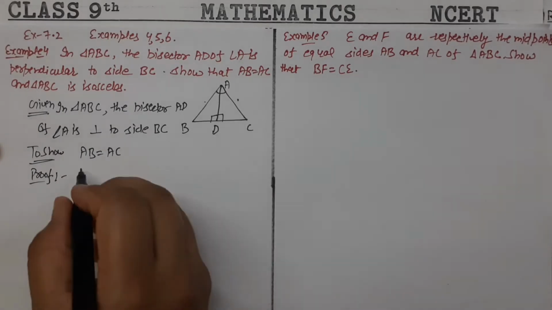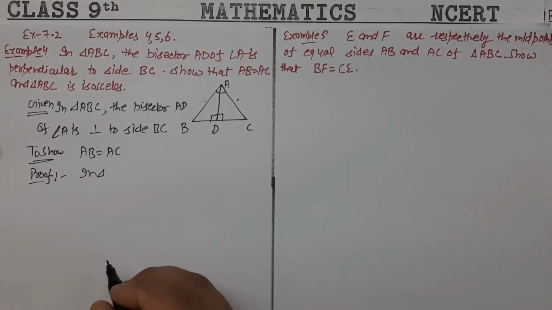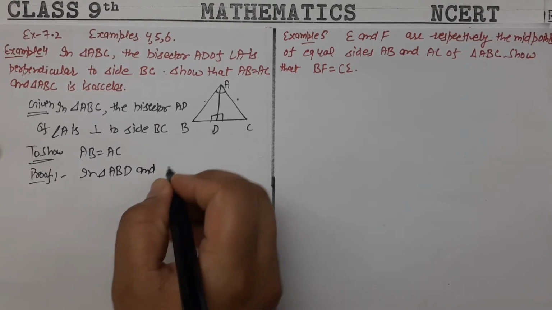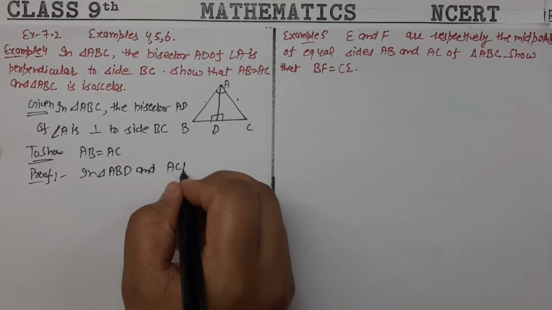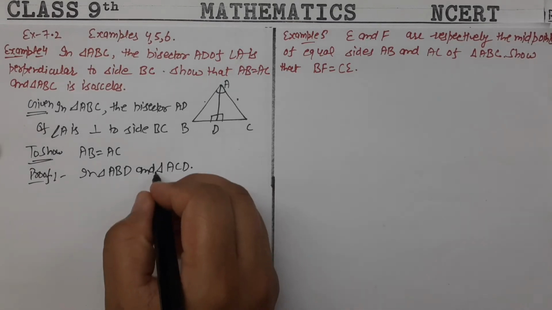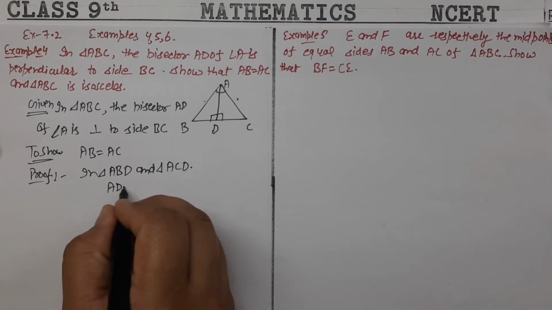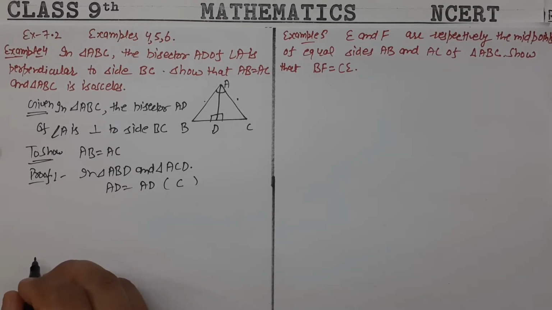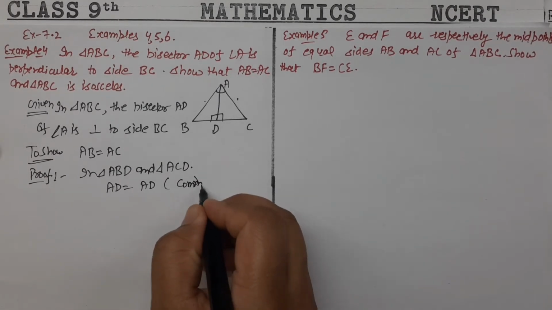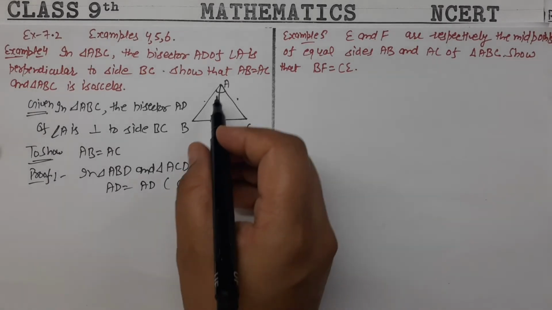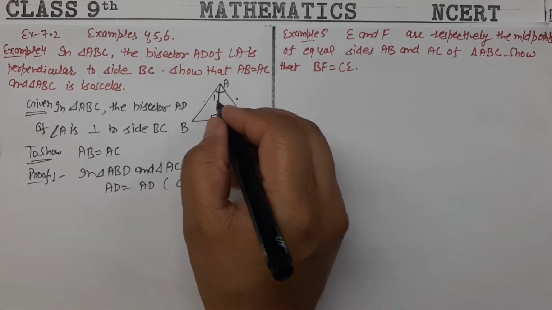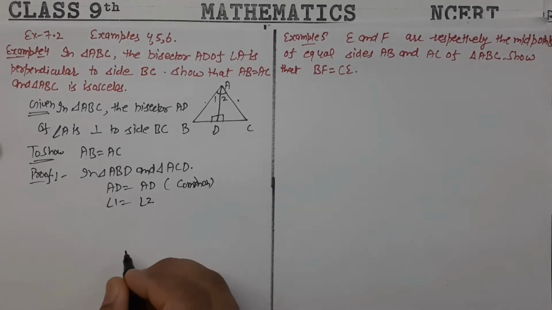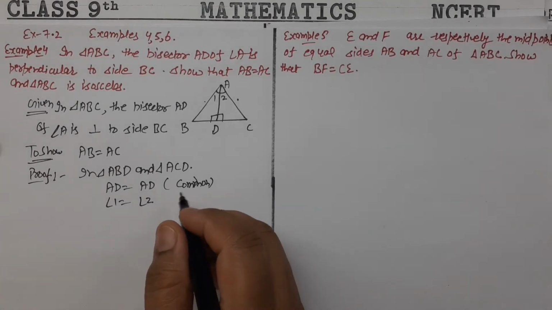Proof: in triangle ABD and ACD, AD is common. Angle 1 equals angle 2 because AD is the bisector.